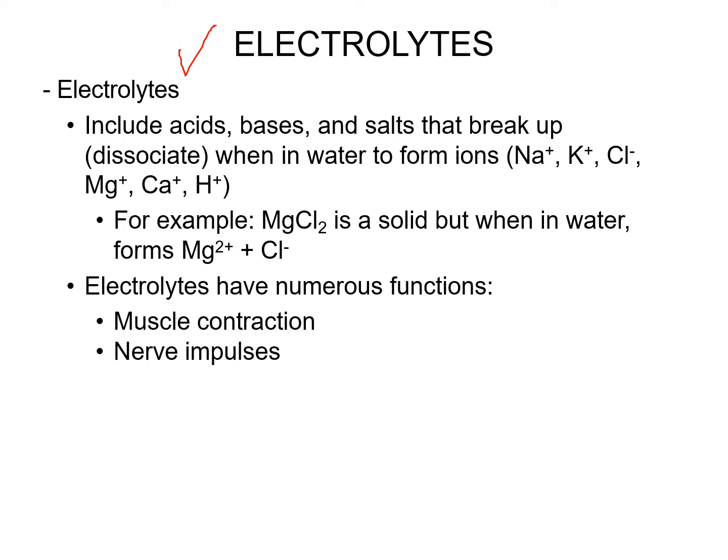What an electrolyte is, I'm sure most of you have heard of an electrolyte, and generally speaking, what we think of is salts, right? We think of sodium chloride, potassium chloride, that kind of thing as an electrolyte, and you are correct, those are electrolytes. But an electrolyte is really anything that breaks up in water. If you dump it in water, it will dissociate, or it will separate, and with it, it will carry an actual electric charge.